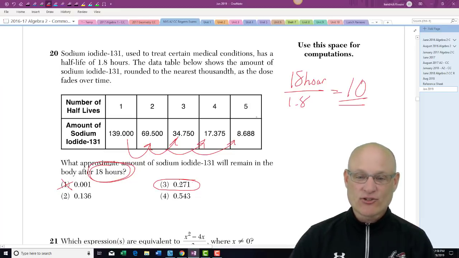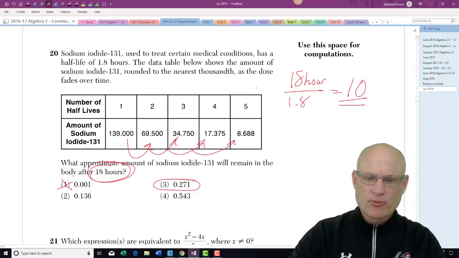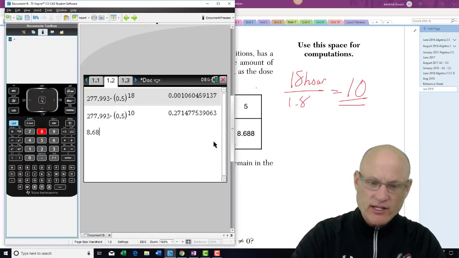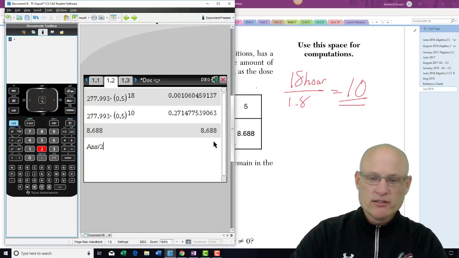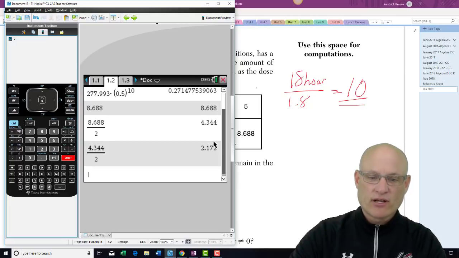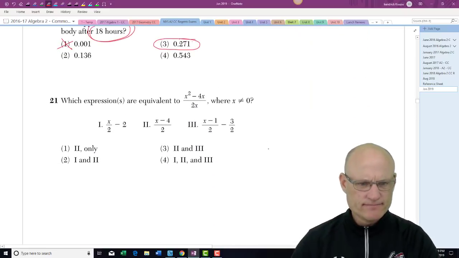Then I just take 8.688, enter, and then hit divide by 2. So this would be the 6th half-life, 7th half-life, 8th half-life, 9th half-life, 10th half-life, 0.271. There it is.